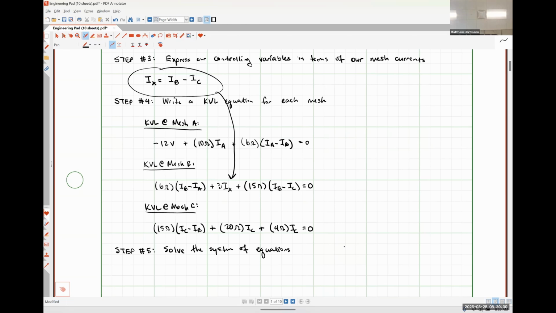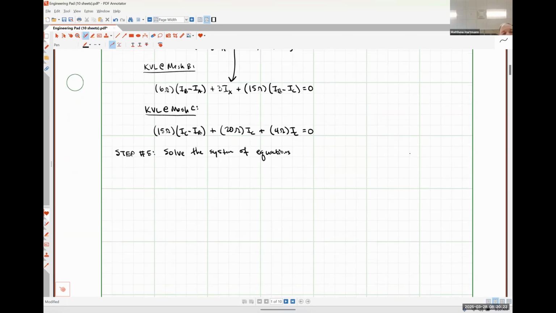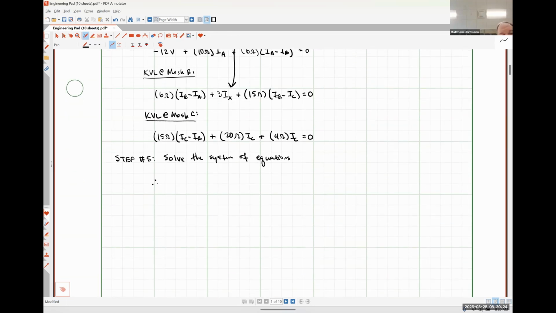In my third equation, my coefficient for IA appears to be 0. My coefficient for IB should be -15. And my coefficient for IC will be 15 plus 20 plus 4. My constant term is once again 0. And so when I solved this system, I got IA to be 222 over 257 amps.